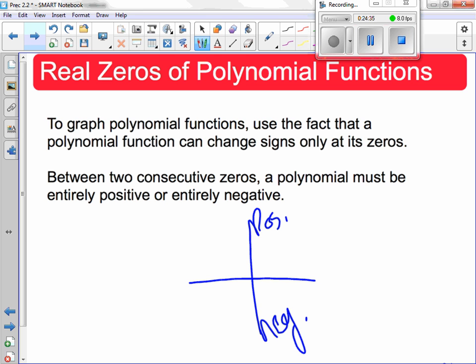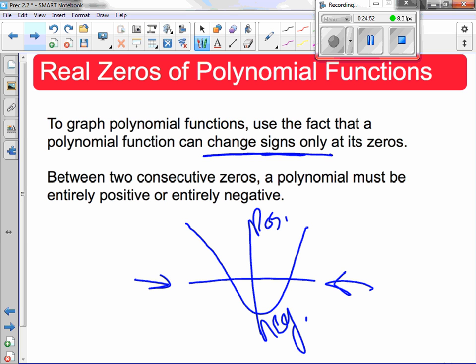And an x-intercept is when it crosses this line, yes? So if it crosses it, well, here it's positive, positive, positive. Now it's negative. Now we go back to being positive, yes? So whenever it crosses the x-axis, it's going to go from positive to negative.